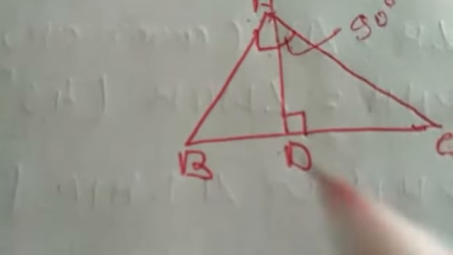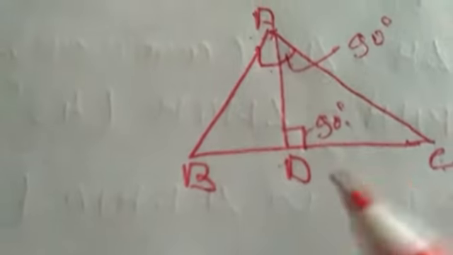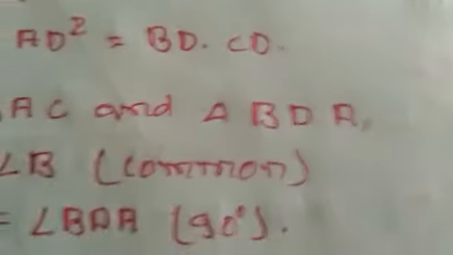Children, as you see in the figure, this angle A is 90 degrees and AD is perpendicular to BC, so angle D is also 90 degrees. So in this figure, two angles, angle A and angle D, are 90 degrees.